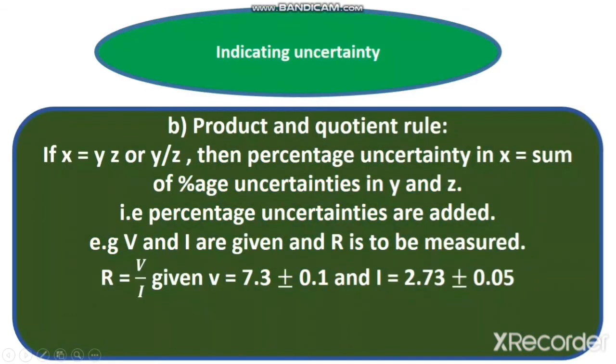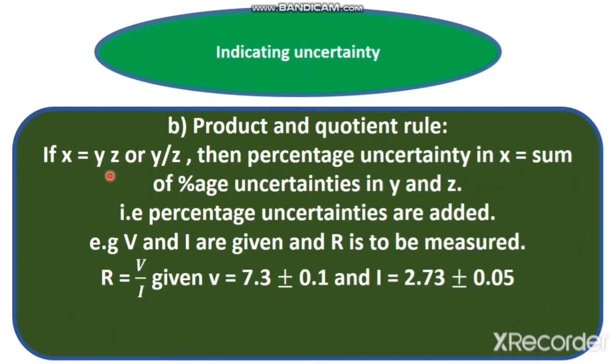Rule number 2 is for multiplication or division, that is the product and quotient rule. The distance x can be any quantity. Let's suppose it is distance. If x is equal to y multiplied by z, if x is the product of y and z, or x is the ratio of y and z, x is equal to yz or x is equal to y divided by z, how can we calculate in this case the final uncertainty in the value of x?